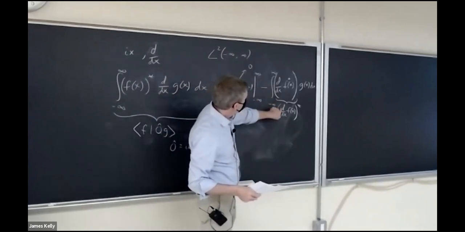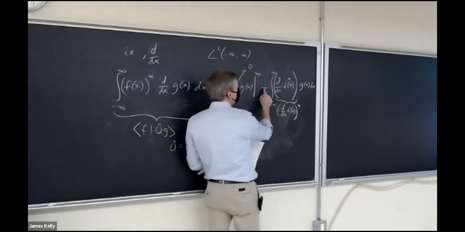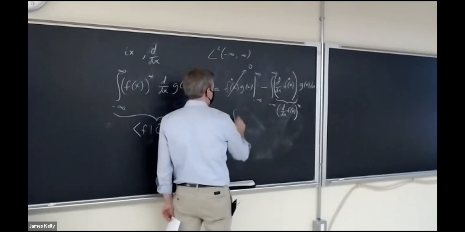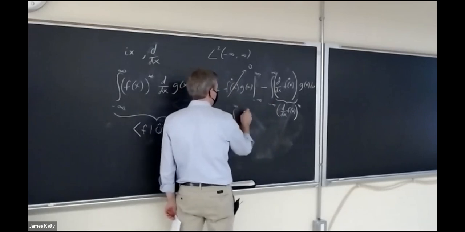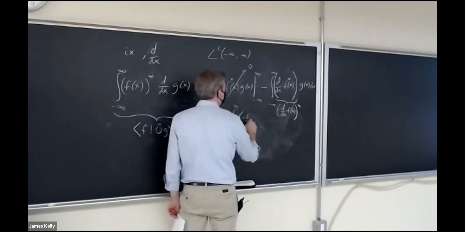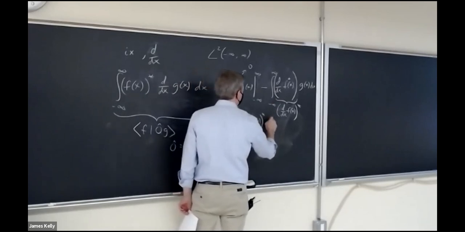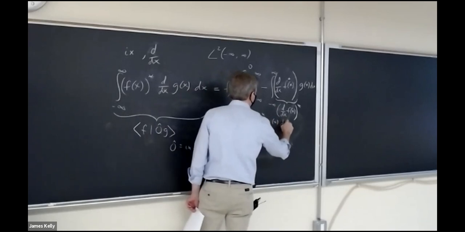Now, I can put the derivative under the star. I can also put this minus sign under the star. So I can think of this as being the integral from minus infinity to infinity of minus d dx f of x, all under the star, g of x dx.